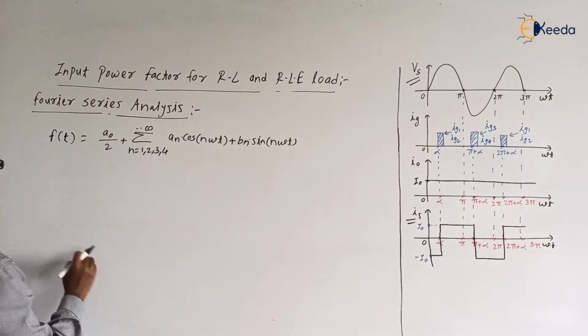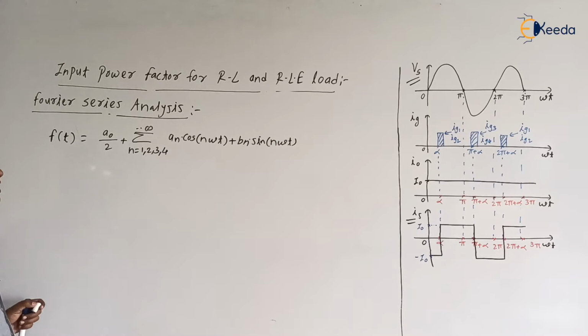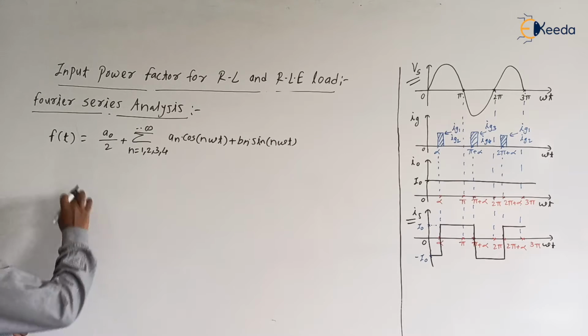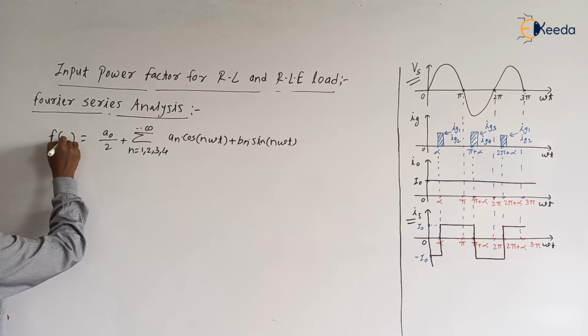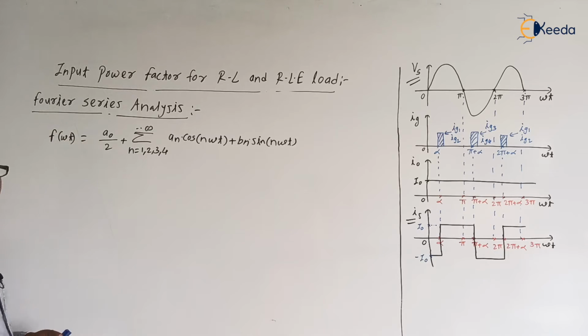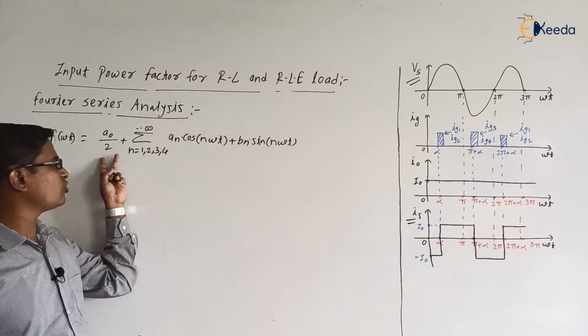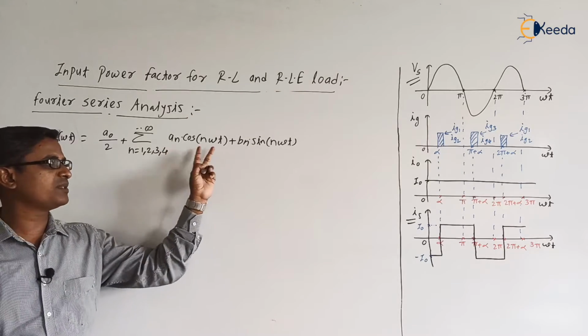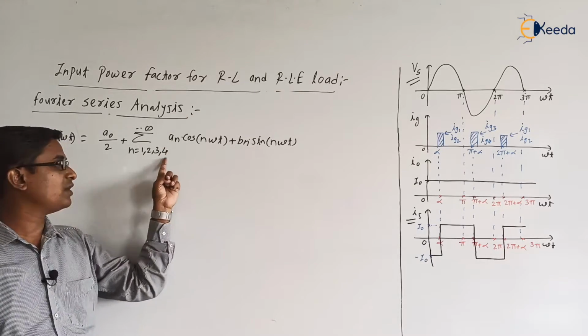Any signal f of t, or you can write f of omega t, can be represented with a0 by 2 plus an into something plus bn into something for different values of n.